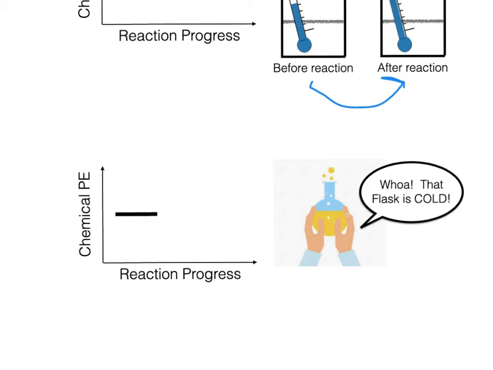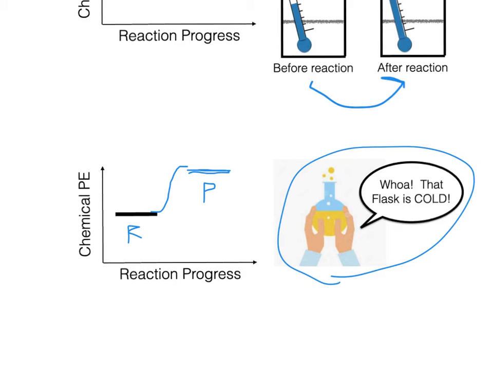So if the energy stored in the bonds is actually higher in the products than it was in the reactants, where did that energy come from? Where did the energy come from to drive this uphill? Well, it came from you, and that's why you're experiencing the cold. So a lot of the questions are you have an observation from the classroom or from the chem lab, and then you deduce what this chemical potential energy reaction progress graph looks like.